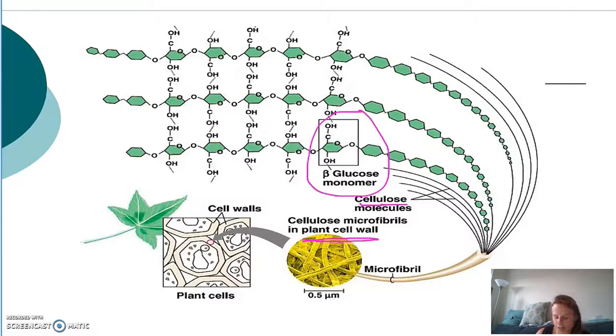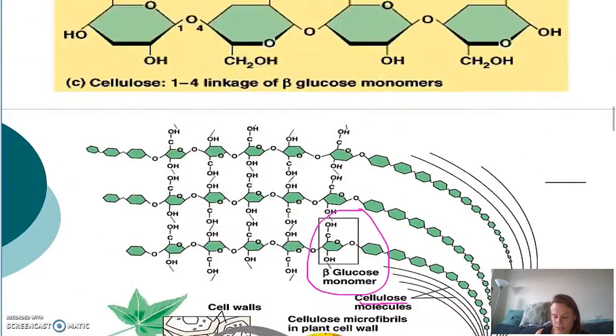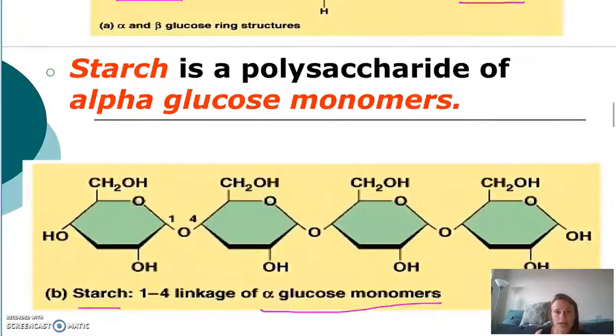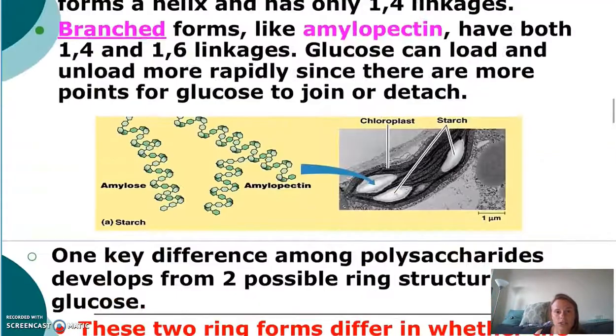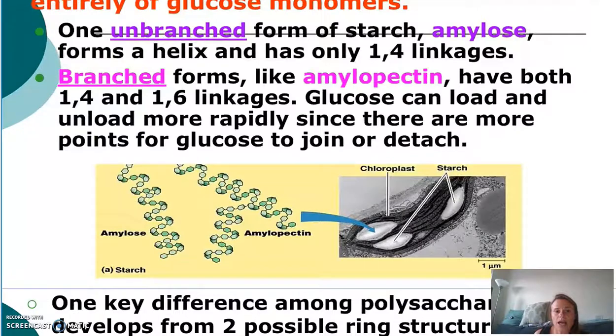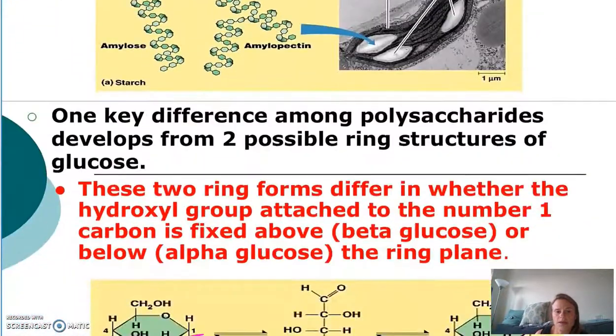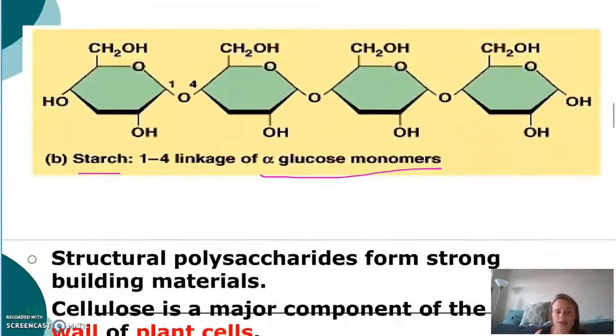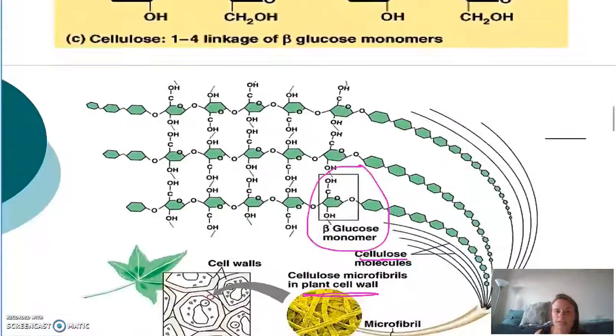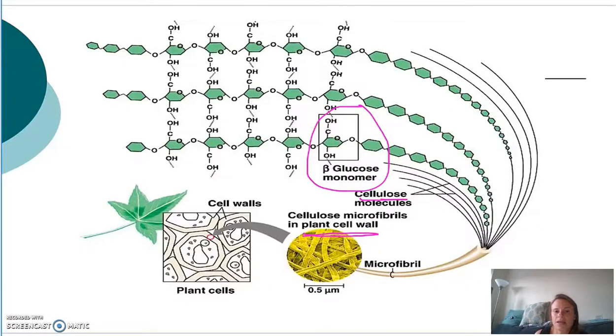Now notice the difference in the shape between cellulose and starch. So the starch, amylose and amylopectin, is going to be coiled, whereas cellulose is not coiled.